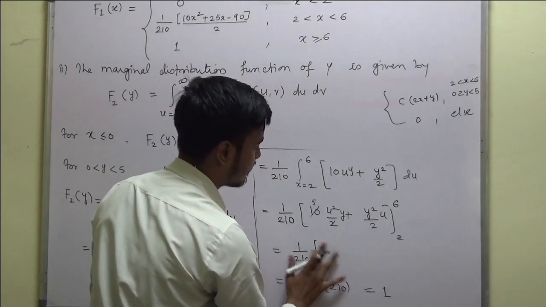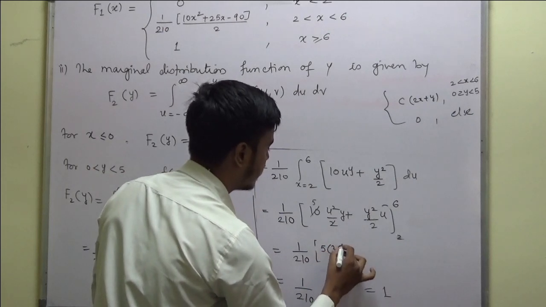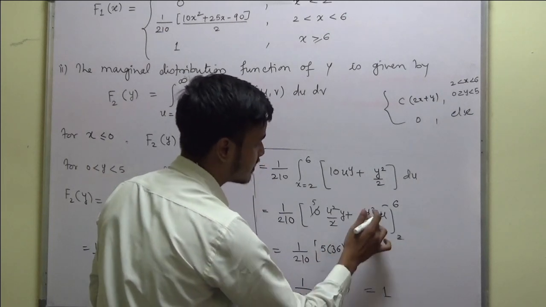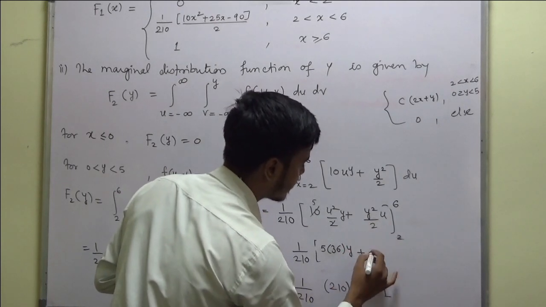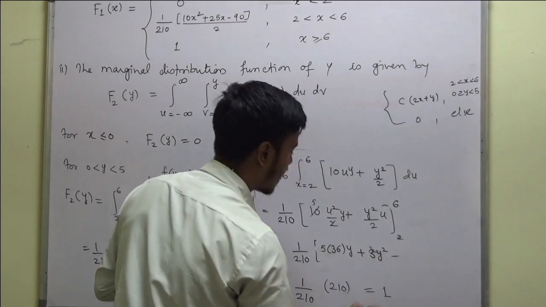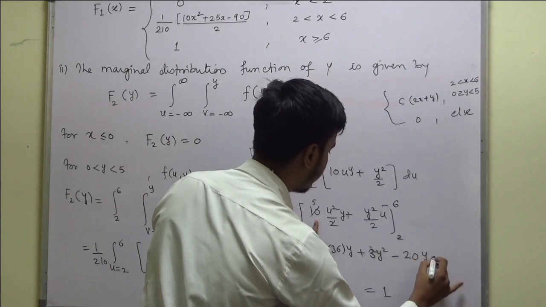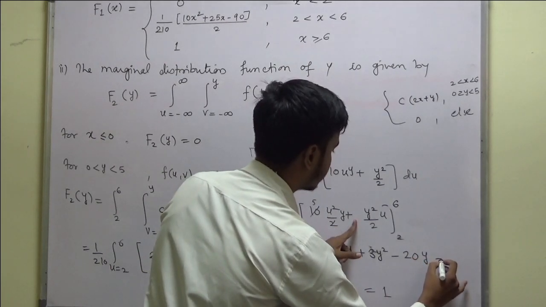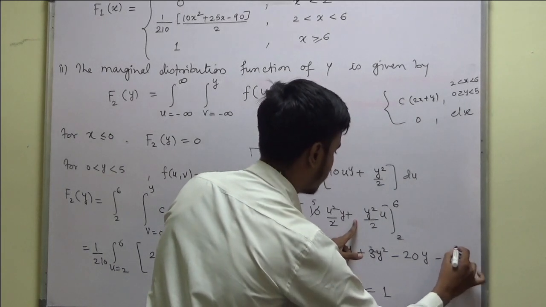First I will take this: 5 into 36y plus 3y square, then minus 20y minus y square.